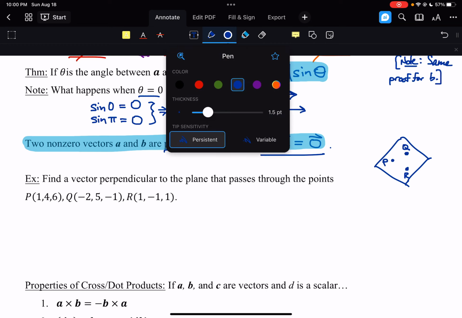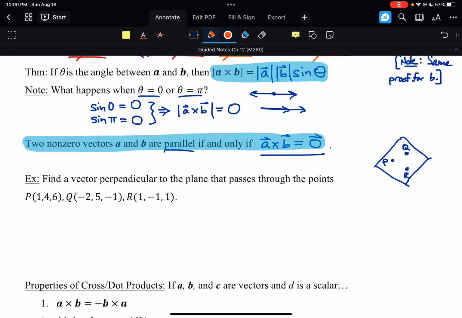What we can do in this situation, because there's infinitely many points in this plane, we can't just pick a random point and try to draw a vector out of it. What we can do is consider the vectors between these points.